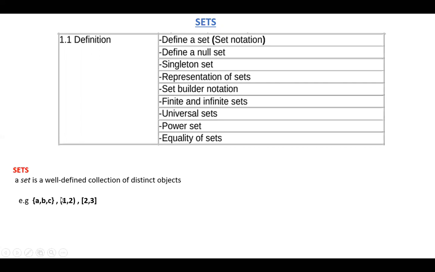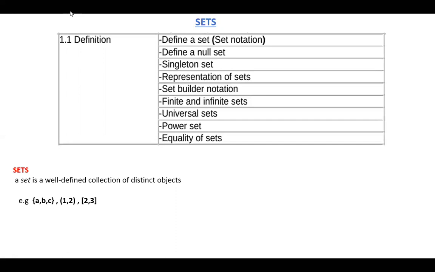Then we can also denote a set using these brackets. We also have these curly brackets. Let me just explain something here because I want you to understand everything we're going to be learning.